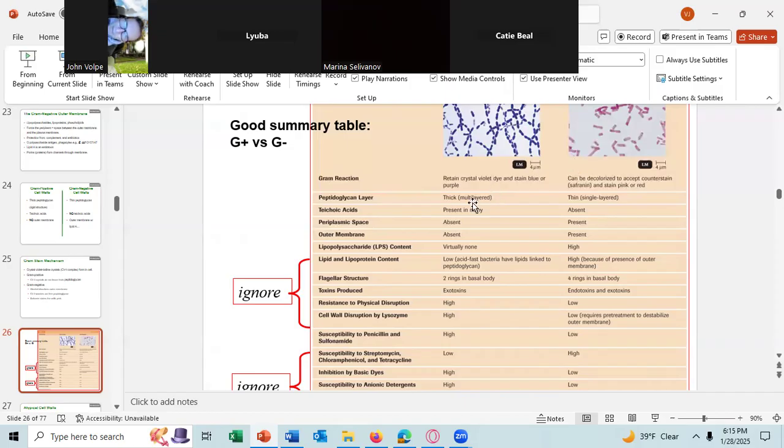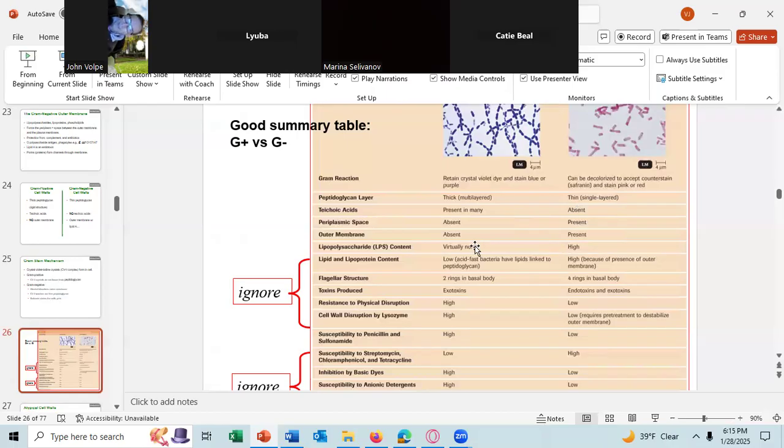Peptidoglycan layer is thick in the gram-positive, thin in the gram-negative. Note this is a mistake. The author said it's a single layer. It's actually like 3 to 20 layers of peptidoglycan. Teichoic acid present in gram-positive cells, absent in gram-negative cells. The periplasmic space absent in gram-positive cells, present in gram-negative.